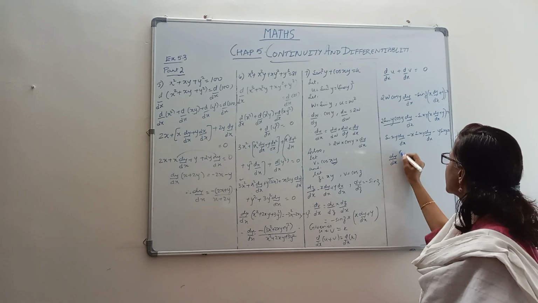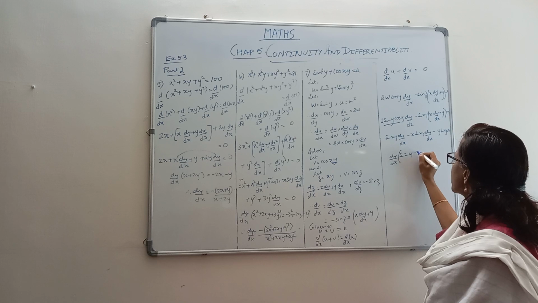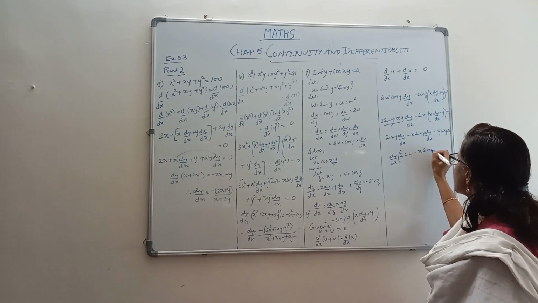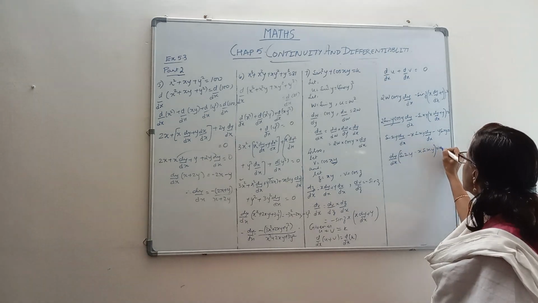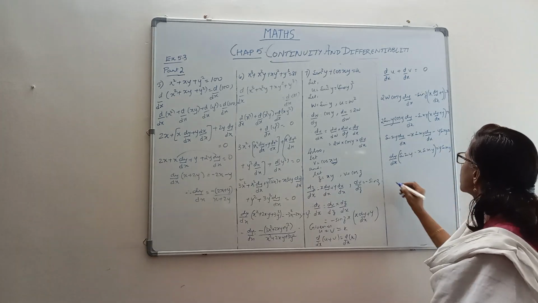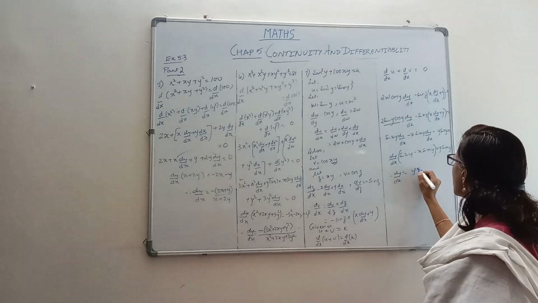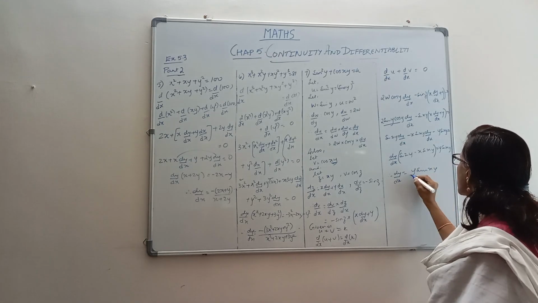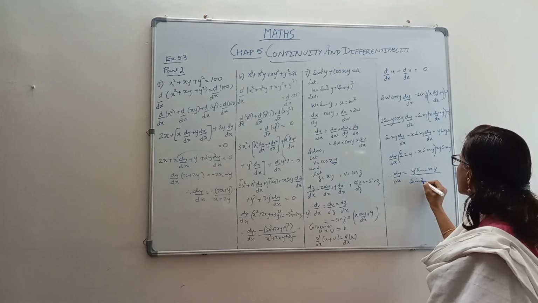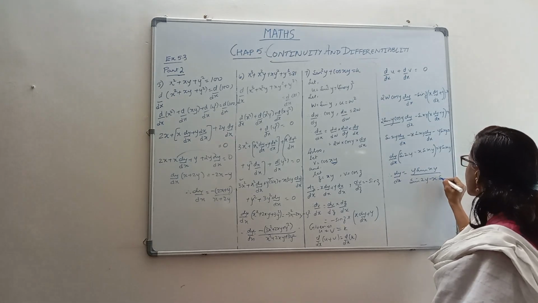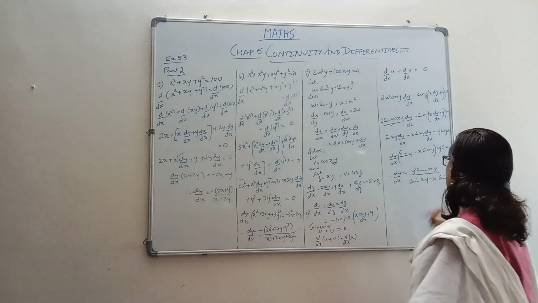So dy by dx times sine 2y minus x sine xy is equal to y sine xy. So your dy by dx becomes y sine xy by sine 2y minus x sine xy.